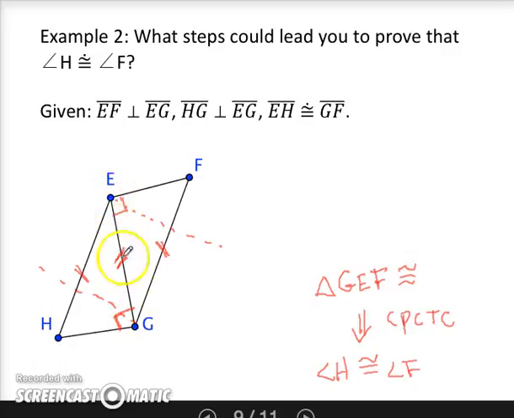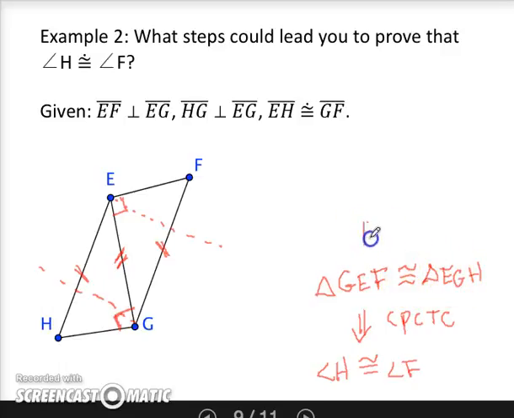The first side has to be the one that's congruent to GE. So I'm going to say EG because we're going the other way around. Triangle EGH. And just as a double check, I have my right angle in the middle in both cases, which is a good indication that I've written them in the correct order.